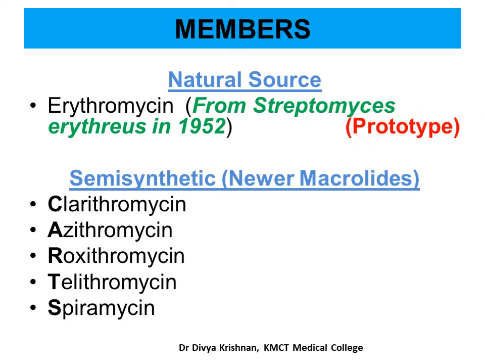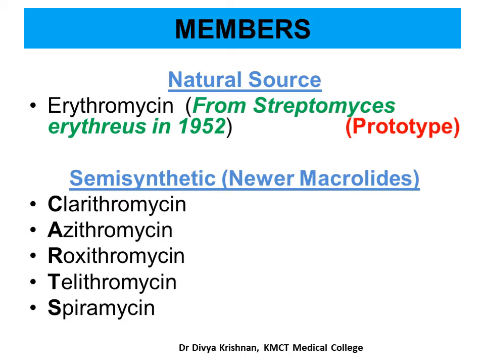Hence, we are going to discuss every aspect of erythromycin and then compare the other drugs with erythromycin. The other drugs included under this class are the semi-synthetic macrolides, otherwise called the newer macrolides, because they were discovered much later than erythromycin.